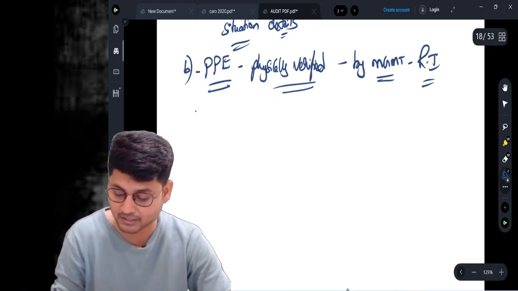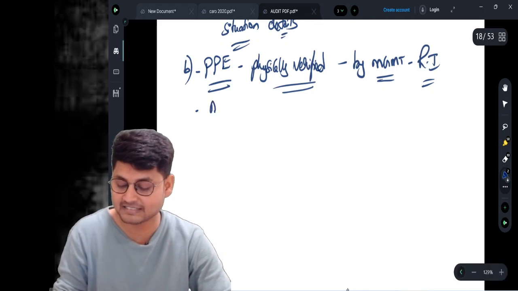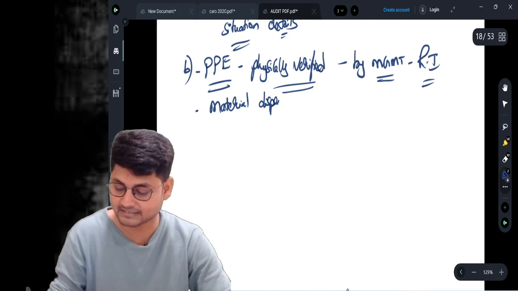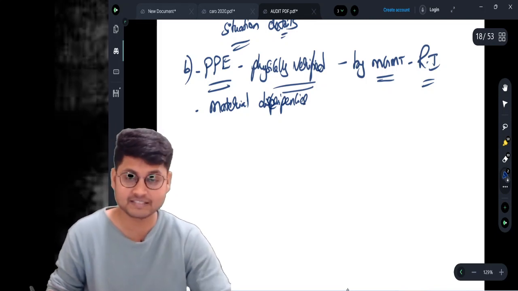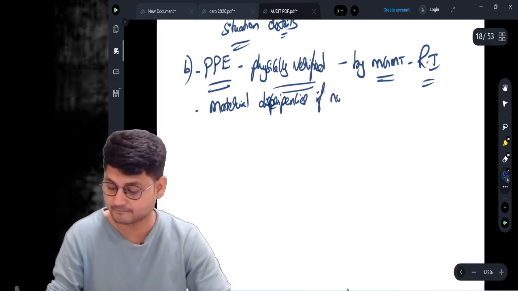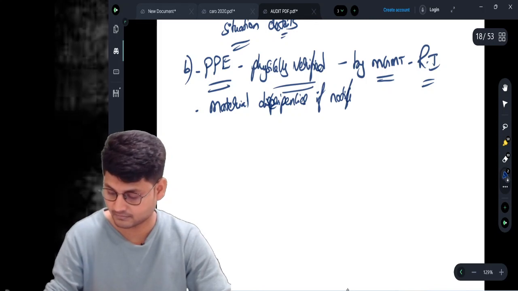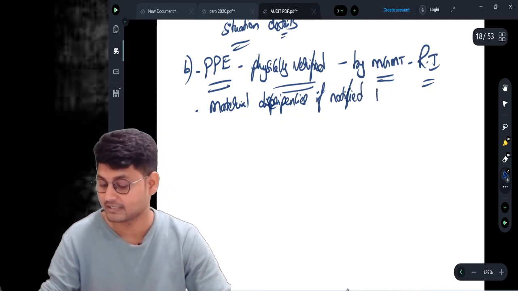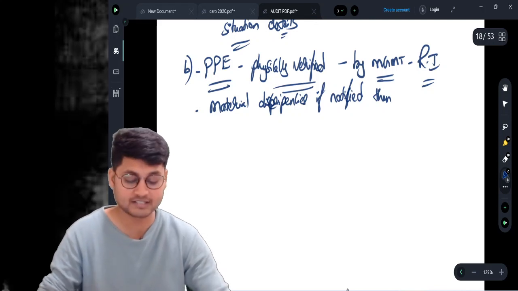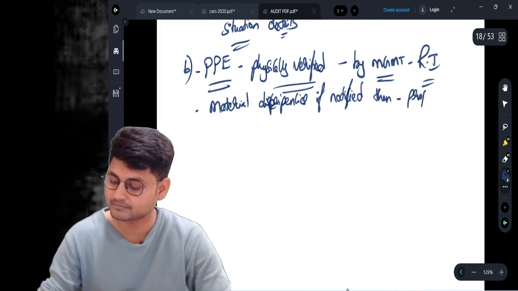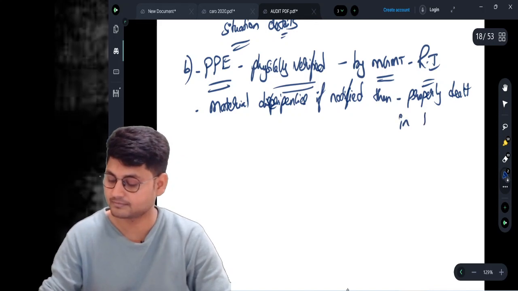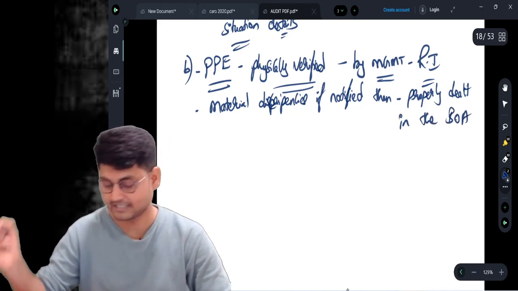Okay, and along with that, if there are any material discrepancies, if noticed, then the auditor shall report whether such discrepancies are properly dealt with in the books of accounts.